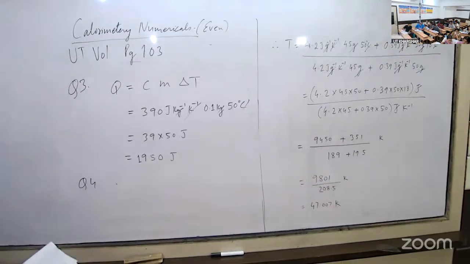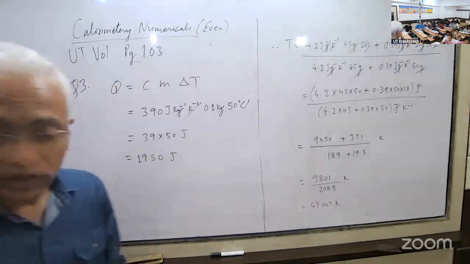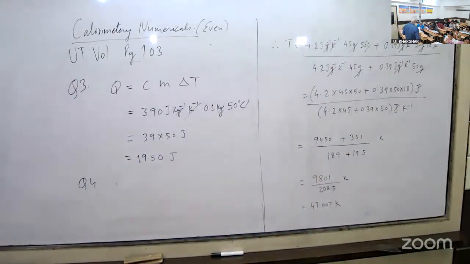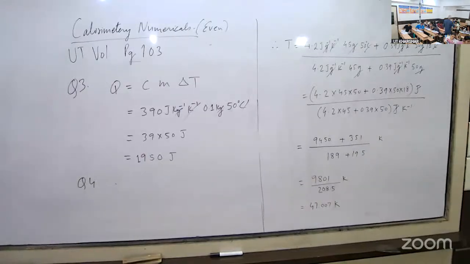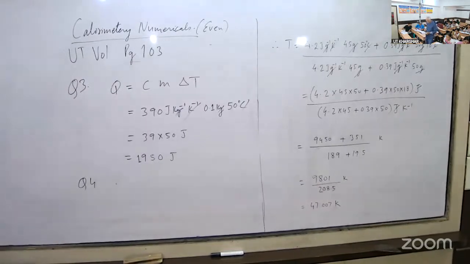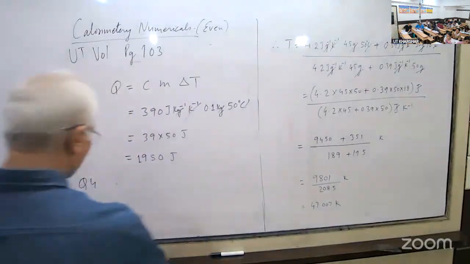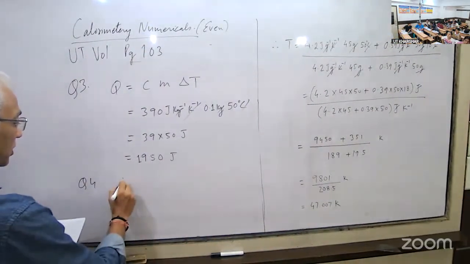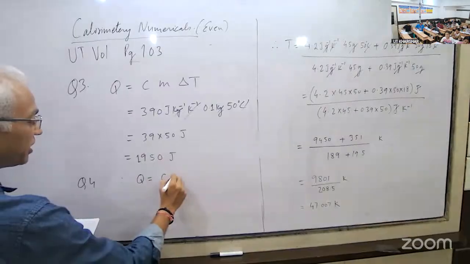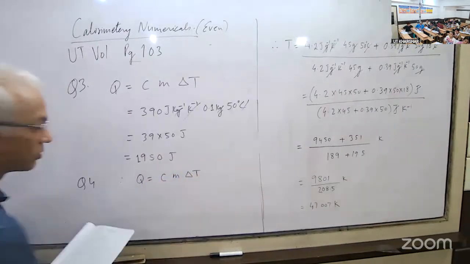Okay, so how will you do this? You have to now calculate how much time it will take. So here, since Q is equal to Cm delta T, correct?